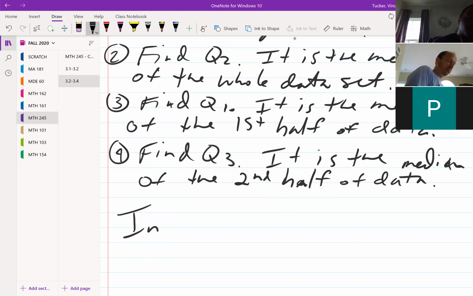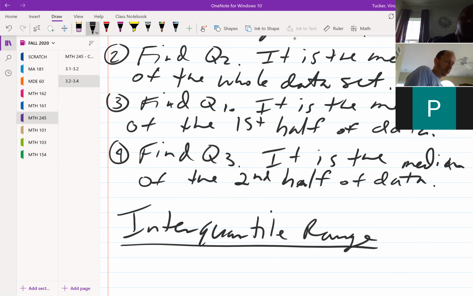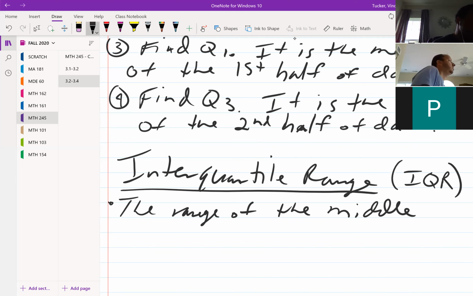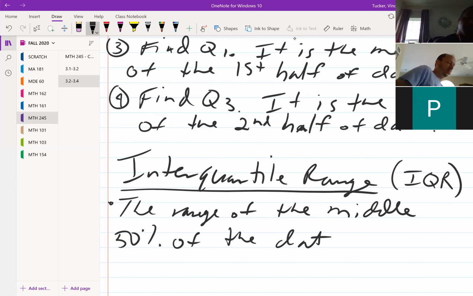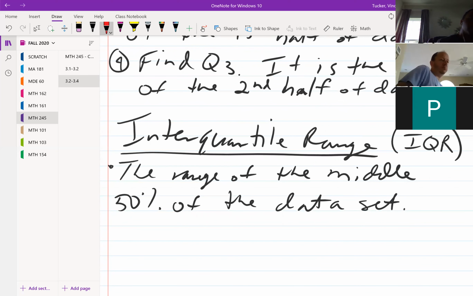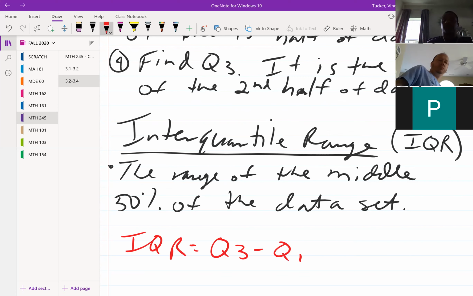Let's look at interquartile range. Your interquartile range, IQR for short, is the range of the middle 50% of the data set.